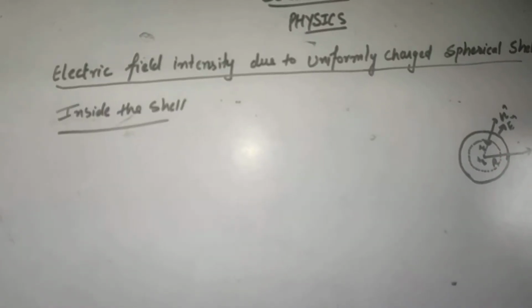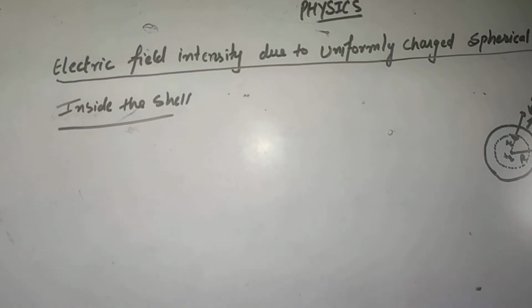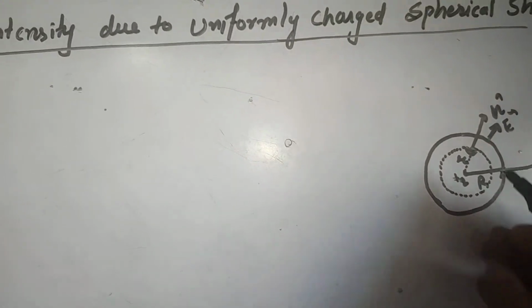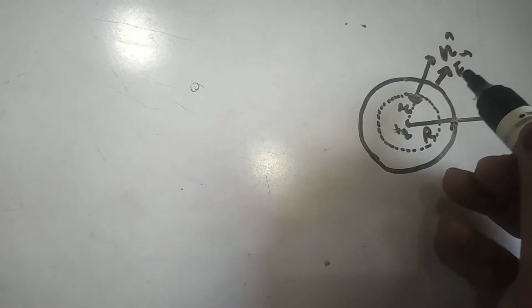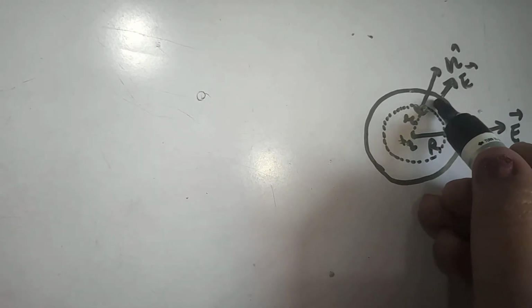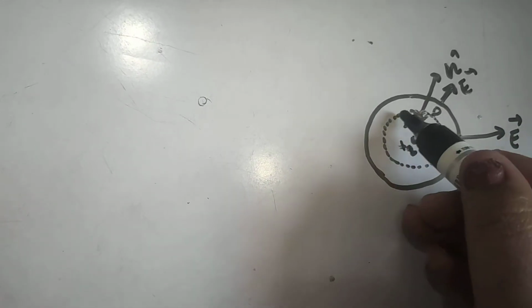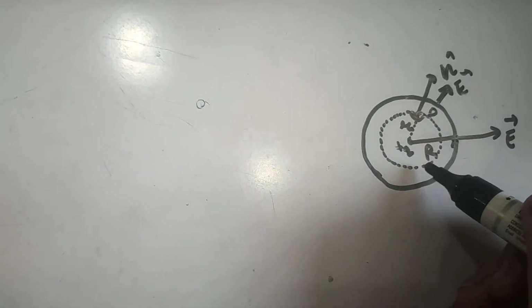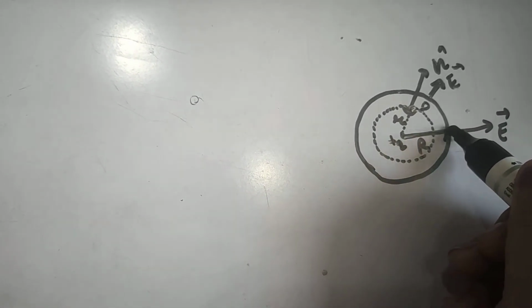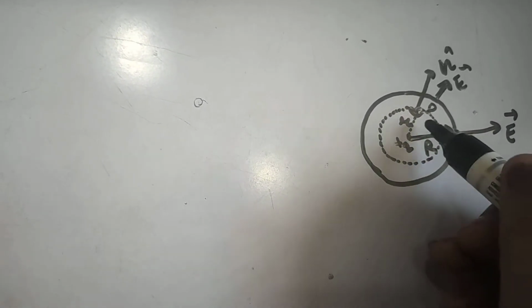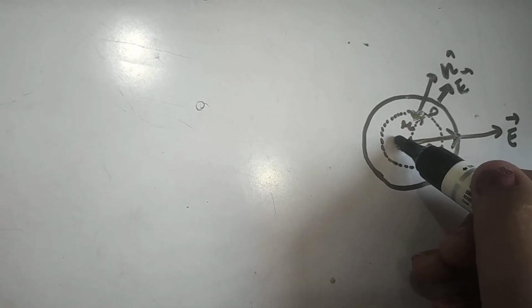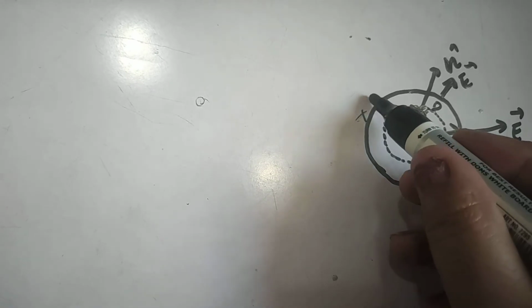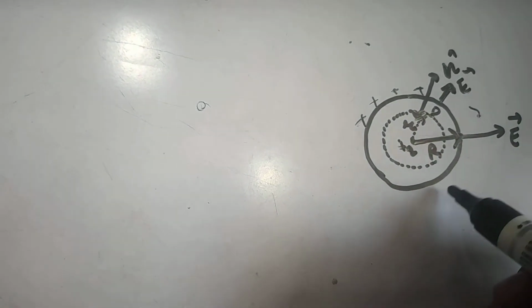Now let us do the third part, which is to find the field intensity inside the shell. For this let us have a look at the diagram. Now the point P at which we have to find the field intensity is lying inside the shell. The point P is lying inside, having radius small r. Now we know that the charge is uniformly distributed over the surface.